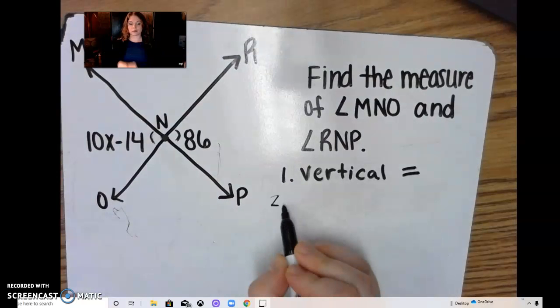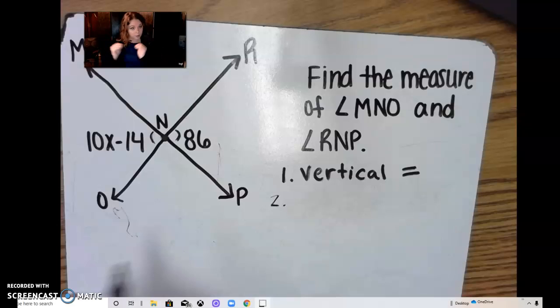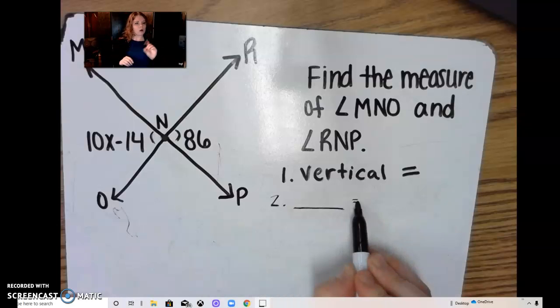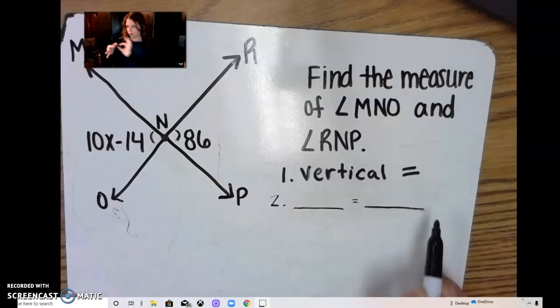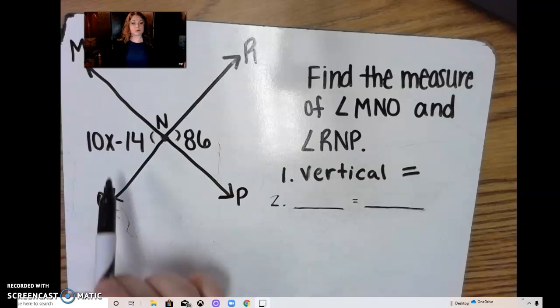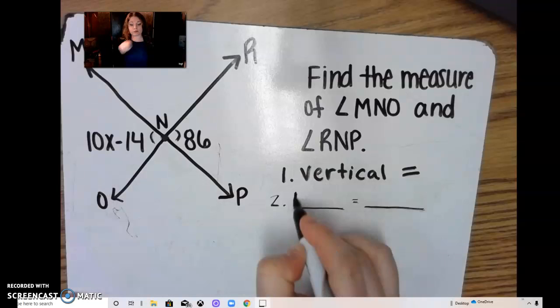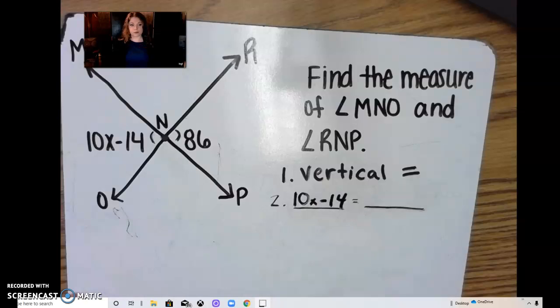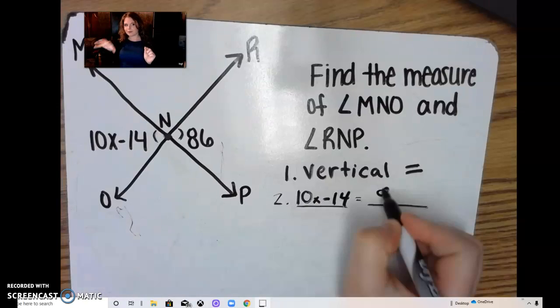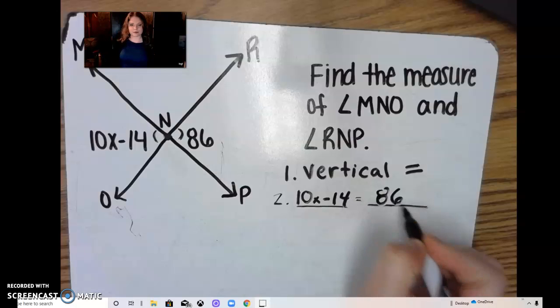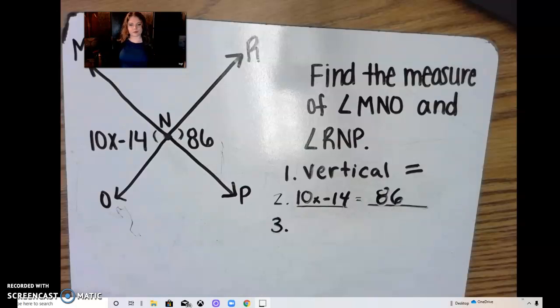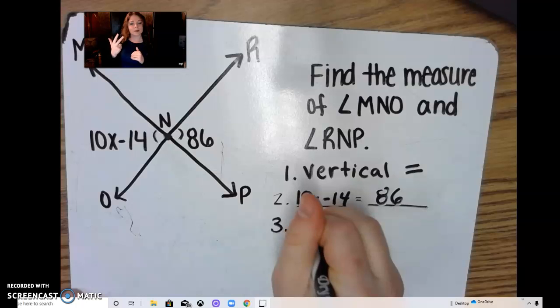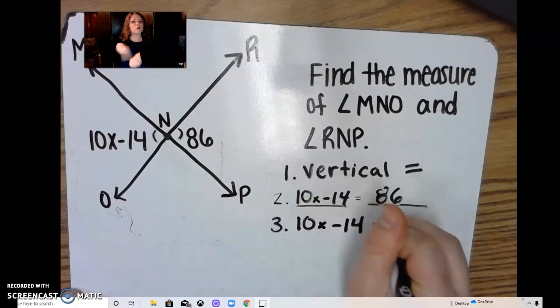So instead of adding them to get something, I'm going to set one equal to the other. I'm going to take my first angle and plug it in on one side, and my second angle and put it here. For step 3, I'm going to remove those lines underneath and create a 2-step equation that I can solve.